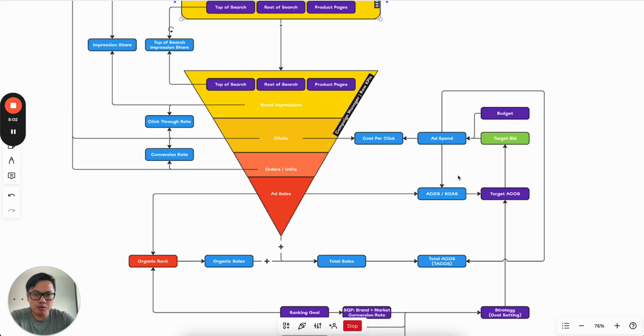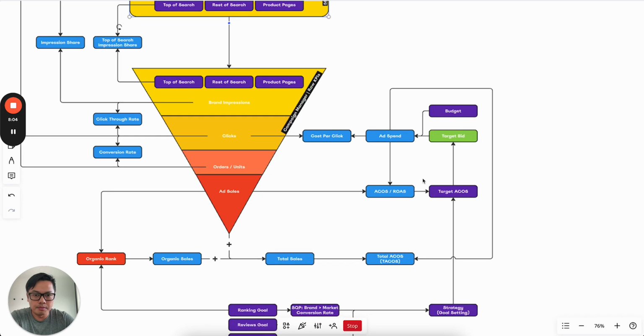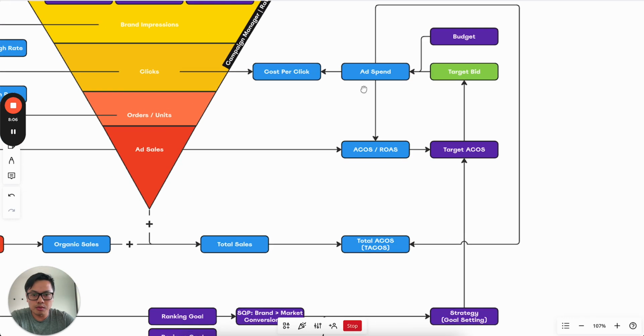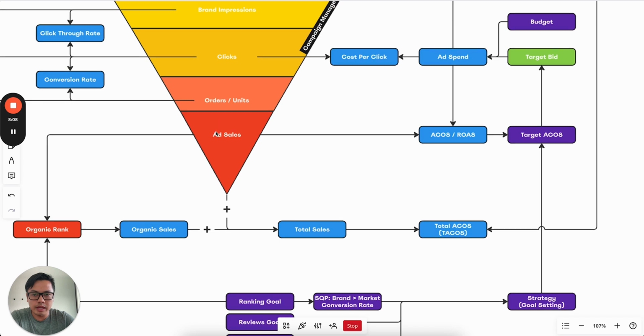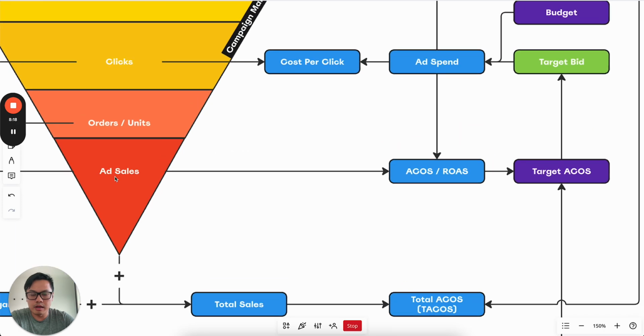As we go through the funnel, we then have our ad sales from here, and then we now have our ad spend. So when we take these two metrics, if we divide spend over sales, we end up getting ACoS.